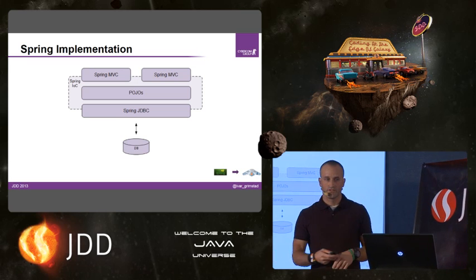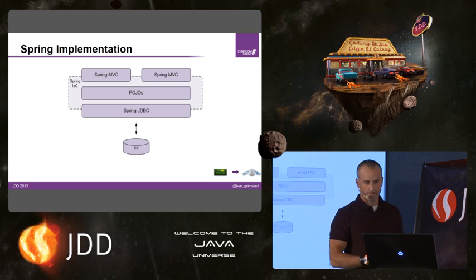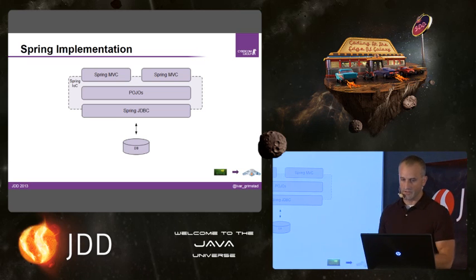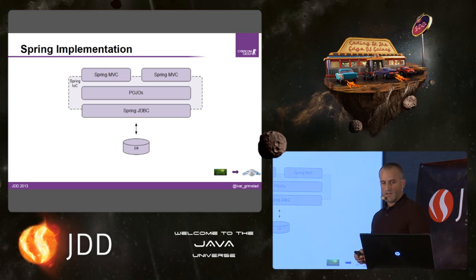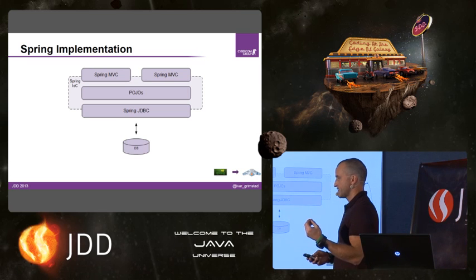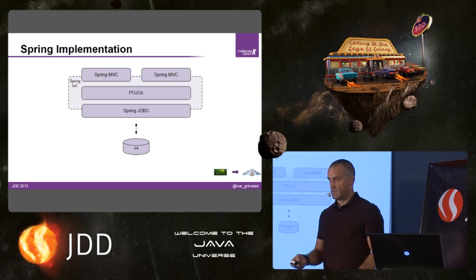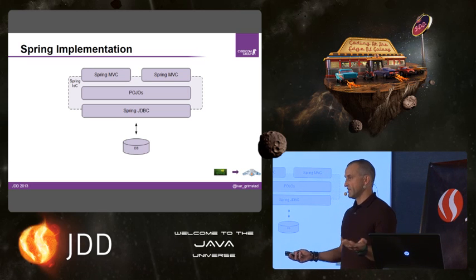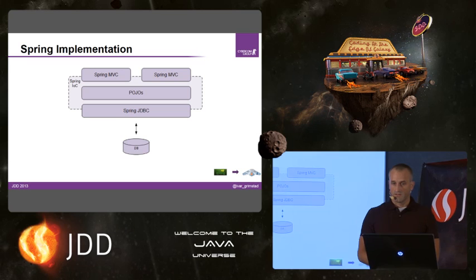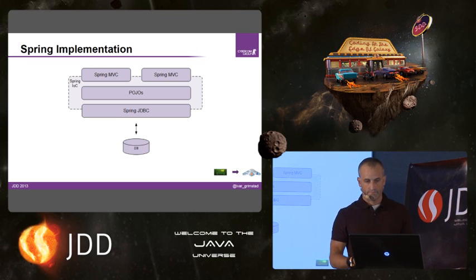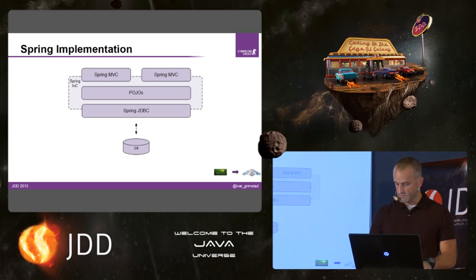For my service layer, I'm using plain old Java objects. Nothing weird about those. And for the REST API and the web UI, I'm using Spring MVC. Now, I could have used anything else, but this is a pretty normal approach. And everything is wired together, running in a Spring container.